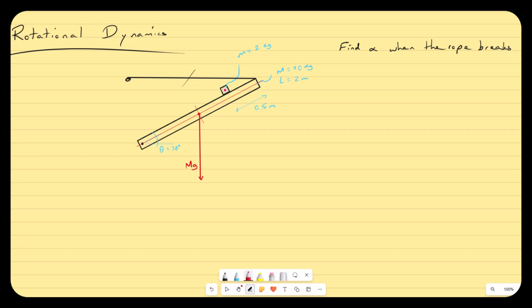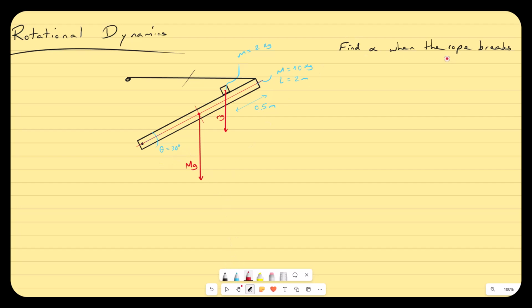Then I'm also going to have gravity acting at this location. There's my lowercase m-g. I would have tension going this way, but the rope broke, so no tension.